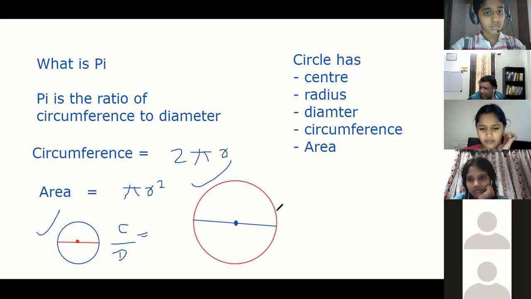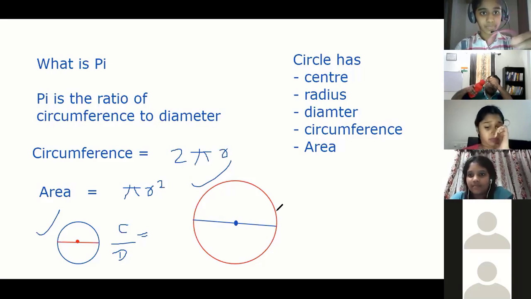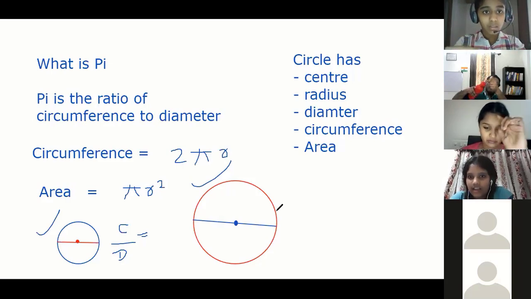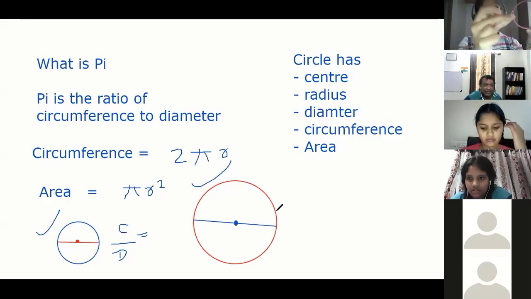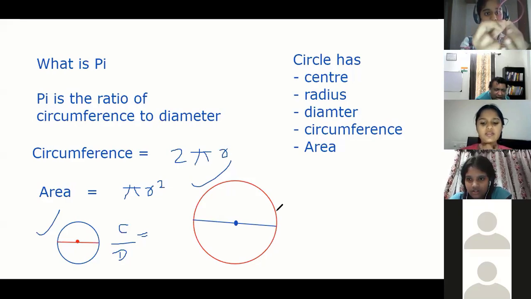What I want to do is, this is your bangle, right? Put the thread here and measure like this, like a boundary. That's it. Measure it, starting and ending from the same point.